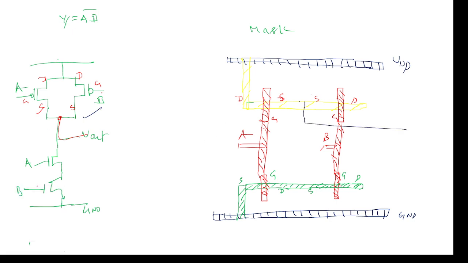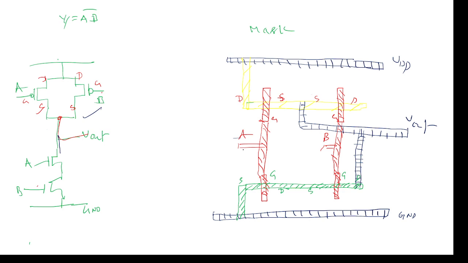So this is the output, in between source and source, using the metal symbol, a box containing straight lines. So this is Vout. This is again connected to the drain of the previous transistor. So this is then the drain. You can extend with metal, or else extend with blue or else green. If it is metal, it should have a straight line.